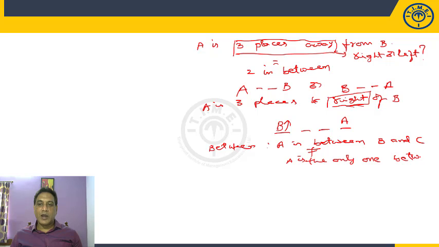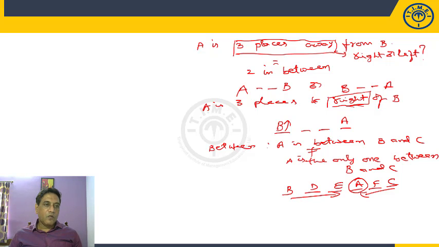It is possible that A is the only one between B and C, and there can be several other people between B and C. If B is here, D is here, E is here, A is here, F is here, and C is here. Still we say that A is between B and C.